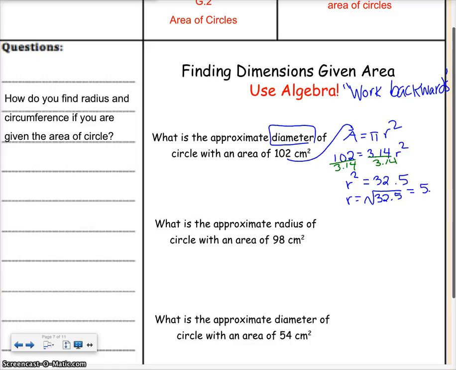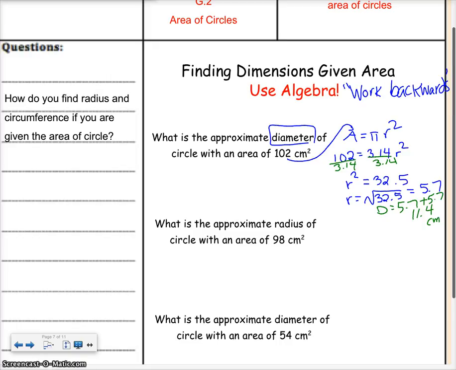So r equals 5.7. I am not done. That's why I box off what they want me to find. They want me to find diameter. So my diameter is 5.7 plus another 5.7, which is 11.4. 11.4 centimeters.